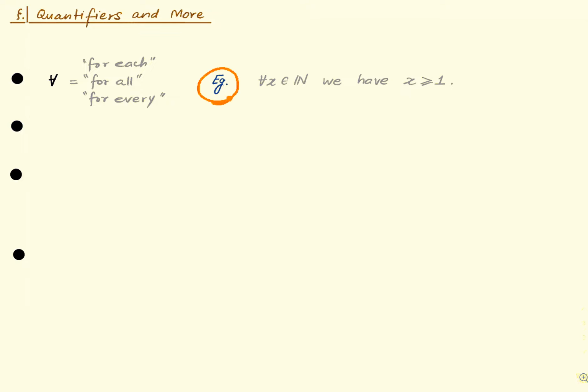So an example is, for all x in N, where N is the set of natural numbers. Recall this is the set of all natural numbers. So for all x in N, which is another way to say that for all natural numbers x, we have this inequality, which is trivially true because every natural number is at least 1.